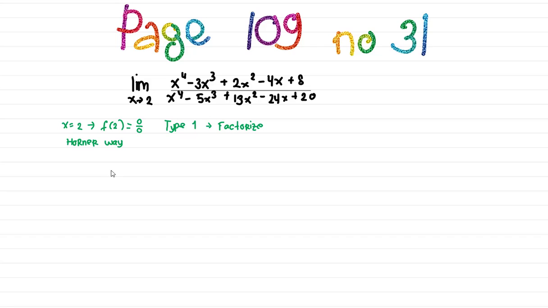With the Horner way, what you need to do is put all of the coefficients of all variables starting from x to the power of 4, x cubed, x squared, x to the power of 1, and x to the power of 0. So here my constant is 1 for the numerator, minus 3, 2, minus 4, and 8.